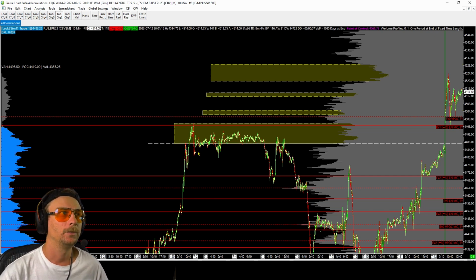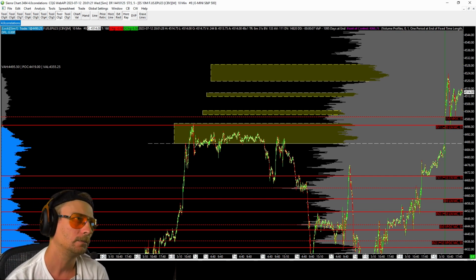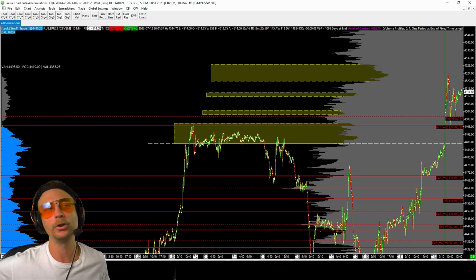EV1, 2, 3, 4. Since it's staying above there, going in there and staying in there, it's not pulling back far enough.